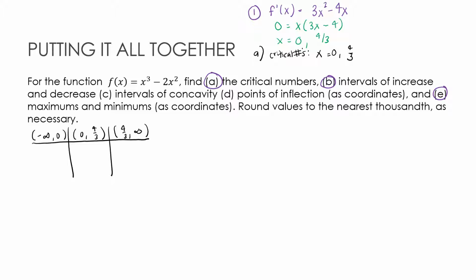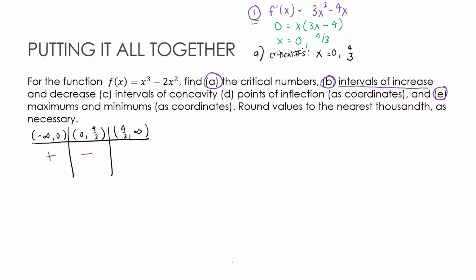So remember, when I'm finding the intervals of increase and decrease, I'm plugging back into my derivative function, my first derivative. So take a point like, say, -1, that's in my first interval. I get 3 times 1, so 3 minus -4, this is a positive value. Plug in a point like +1, and I get a negative value because I would get 3 minus 4.